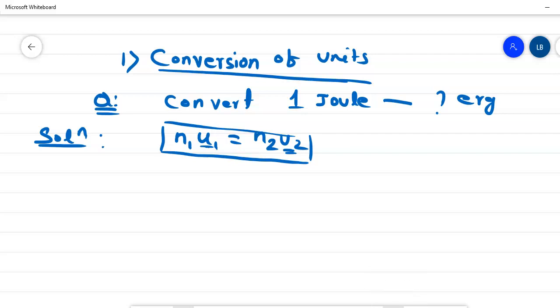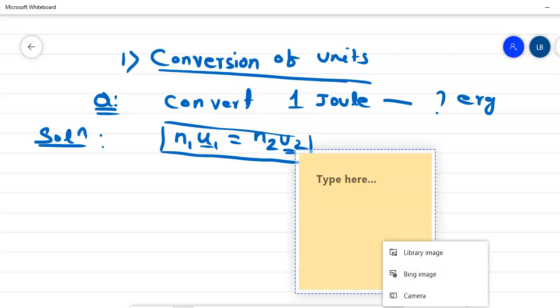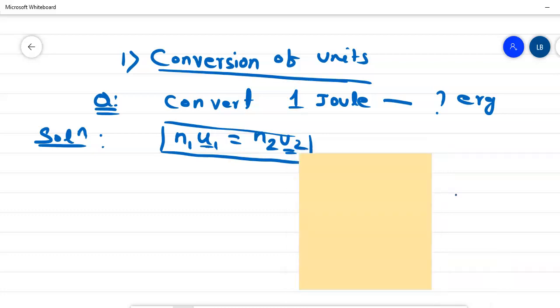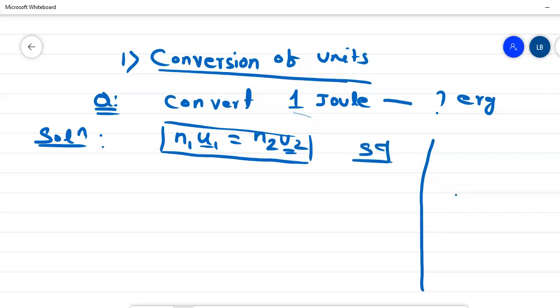So how to solve? I will draw a line. Here I will write SI unit, here CGS unit, meaning I have to convert this unit to this unit. So I have to write the dimension. What is the dimension of work?